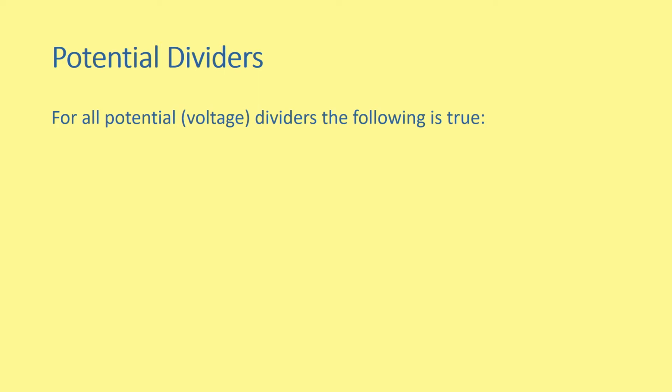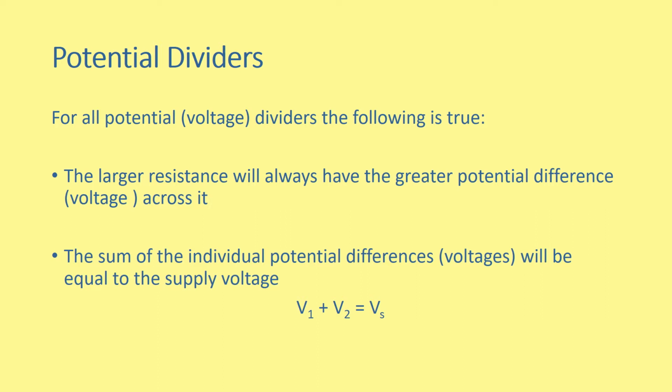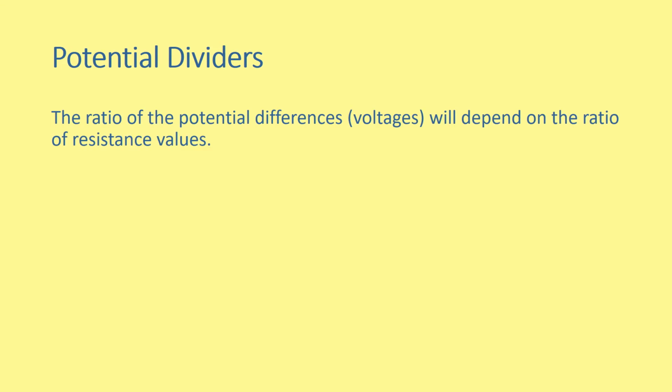For all potential divider circuits, the following is true. The larger resistance will always have the greater potential difference across it. If you think about it, the resistance is larger, so the current is going to take more energy to go through it. The sum of the individual voltages, as said in the previous slide, will be equal to the supply voltage: V1 plus V2 equals Vs. The ratio of the potential differences depends on the ratio of the resistance values.